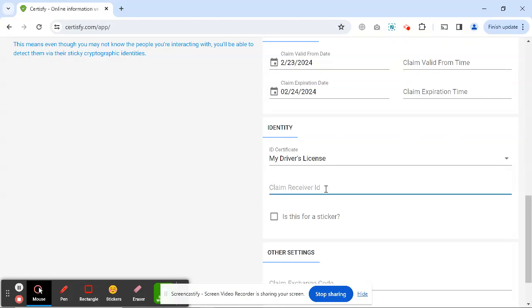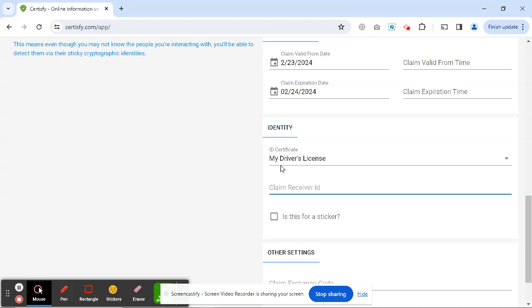So here it asks for a receiver ID, and I will show you in just a moment where to get that from. But what it does once you have that receiver ID is generate a hash between the driver's license number and that receiver ID, and that's a unique hash that's sticky.